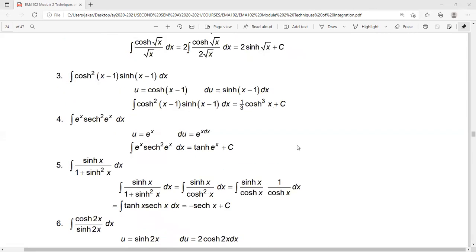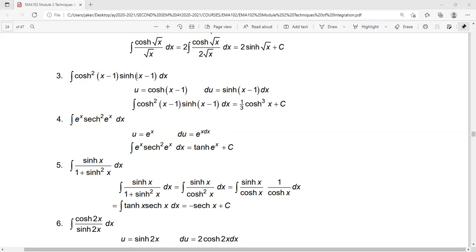Let me look into the one that could fit in my screen. So in here, you have the hyperbolic cosine squared of the quantity x minus 1, and you have here hyperbolic sine of the quantity x minus 1. We know that the hyperbolic cosine and the hyperbolic sine are related in terms of one being the derivative of the other. So we can use the power rule for the hyperbolic cosine here when its derivative is in here already.